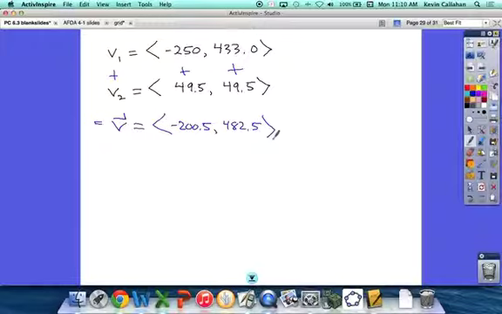How do you find the magnitude? Right? The magnitude of V is the square root of V1 squared plus V2 squared.